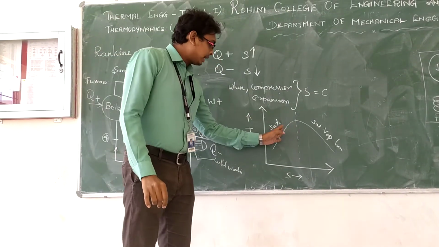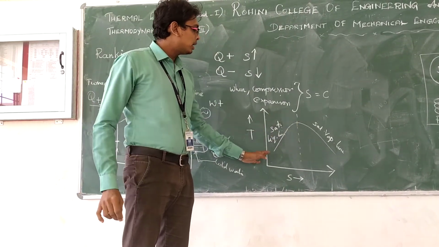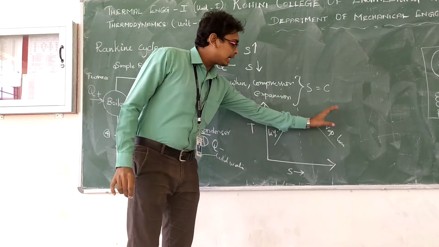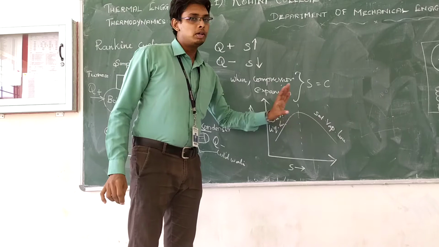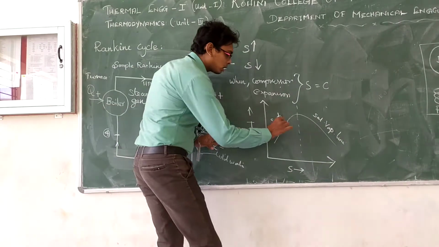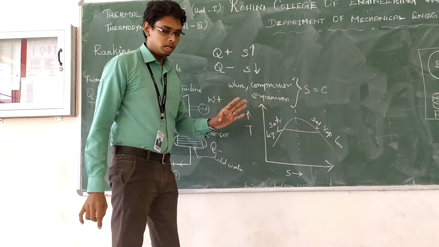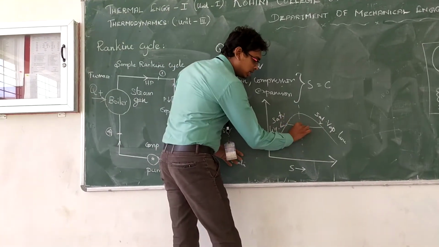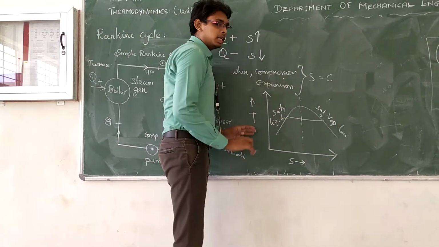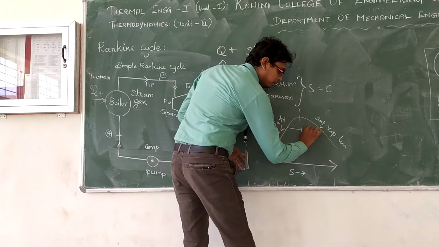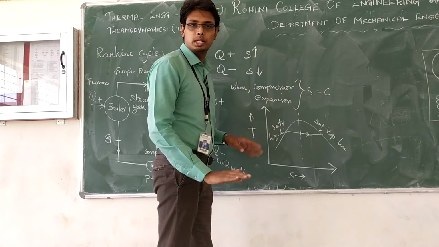Before this line, all the parameters are for saturated liquid, and after this line, all the parameters are for vapor. For example, from 1 to this region it is a liquid, that is water, and after this line it becomes a vapor. So this is the concept.